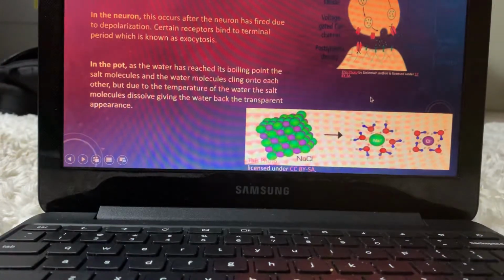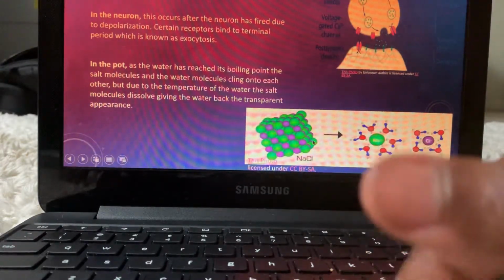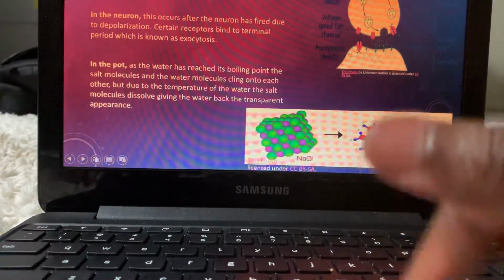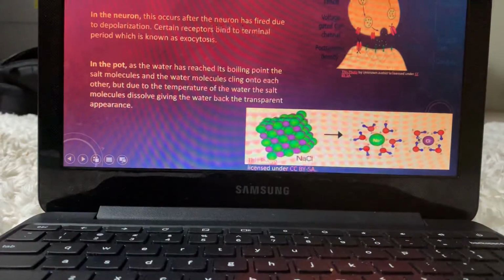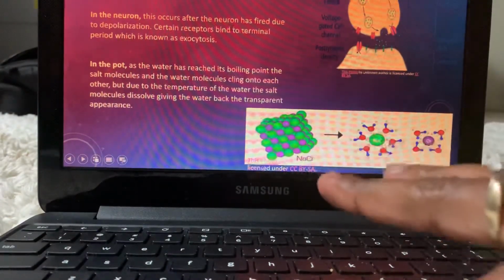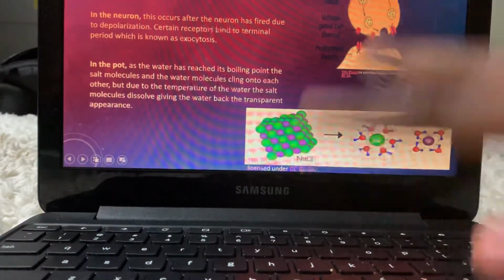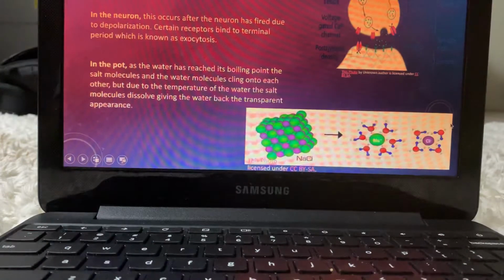And for the pot, the water has reached its boiling point, and like I said, it's ready for the salt to be added. At first you have our beautiful crystal salt, and then it is diffused into our water. It's accepted into the family, the water, and it divides perfectly. The sodium is here, chloride is here, along with the water molecules.